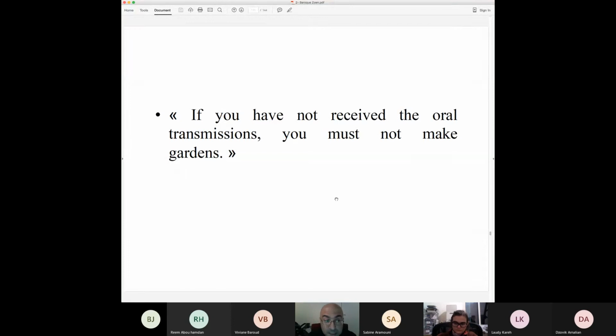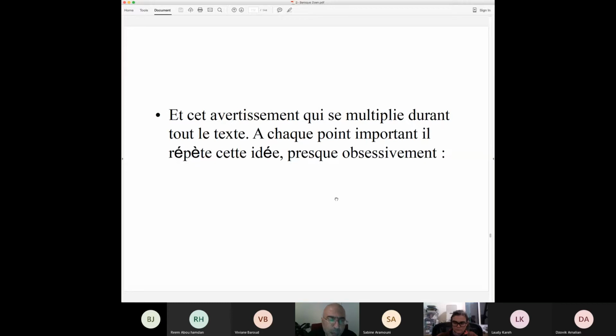A very strange warning to our modern ears. And this warning is multiplied throughout the text. On every important point of the text, he repeats this idea, almost obsessively.